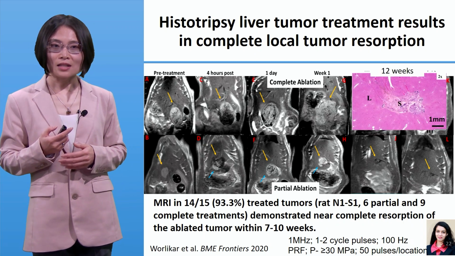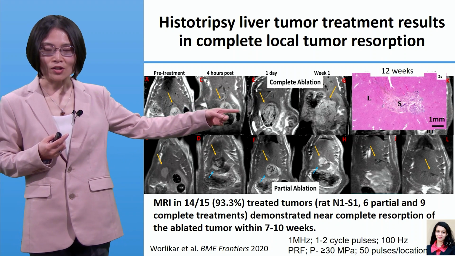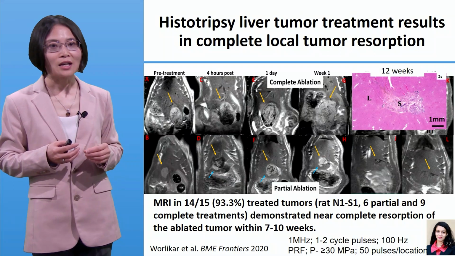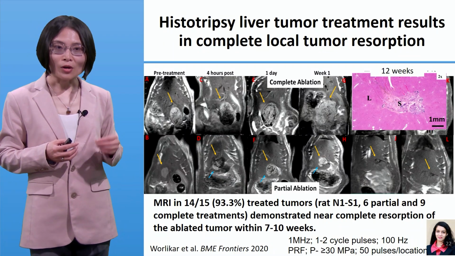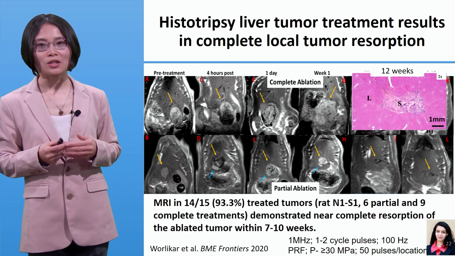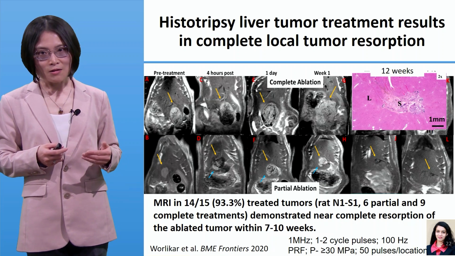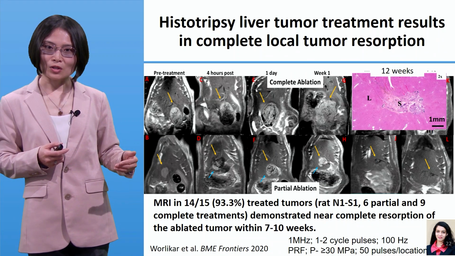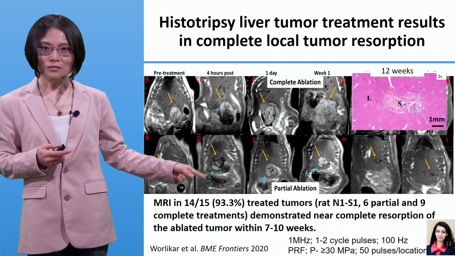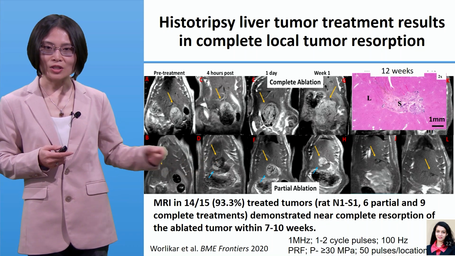At the study endpoint, 12 weeks, you can see the histology here. No tumor cells can be detected, and there's only a sub-millimeter scarring tissue left. The bottom row shows another cohort of animals. In this animal, only 75% of the tumor was treated, pointed by the yellow arrow here, and the blue arrow points to the 25% untreated tumor.